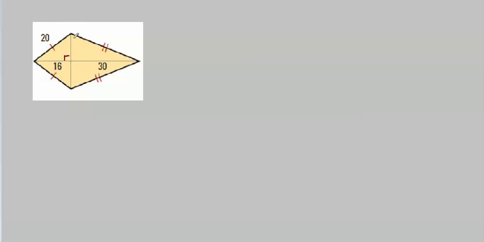So this last length here, let's call it L. We can write that our hypotenuse squared minus the leg squared will equal L squared. That'll give us this length, and then we'll be in business.